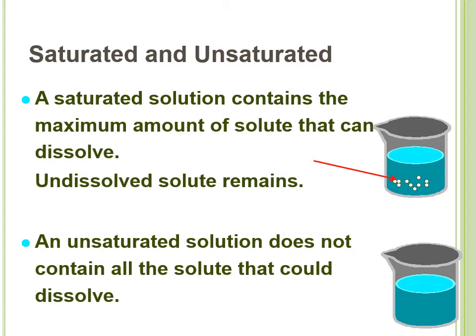An unsaturated solution does not contain all the solute that could have dissolved in it. So it stays as a solution without precipitation and has some more room for other solute to come in and dissolve.